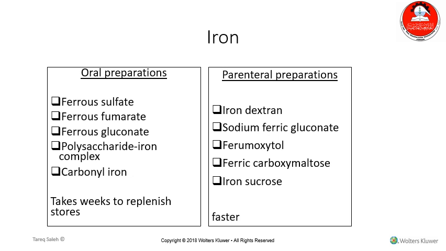So, as we mentioned, iron can be given either orally or intravenously, and accordingly, we have different preparations. The common oral preparations of iron include ferrous sulfate, ferrous fumarate, ferrous gluconate, which is very commonly used for the treatment of anemia, polysaccharide iron complex, and carbonyl iron.